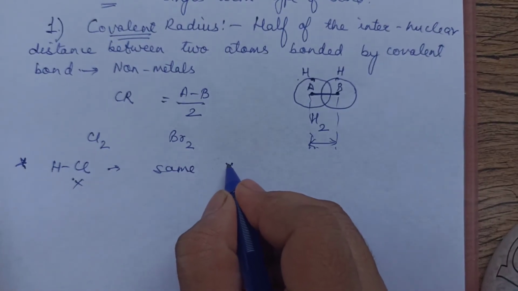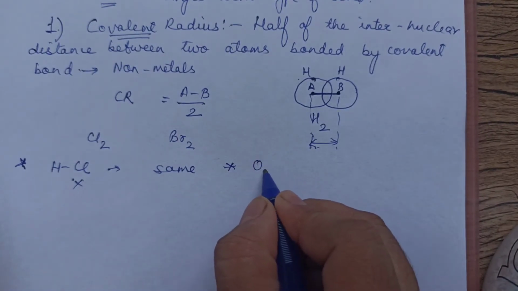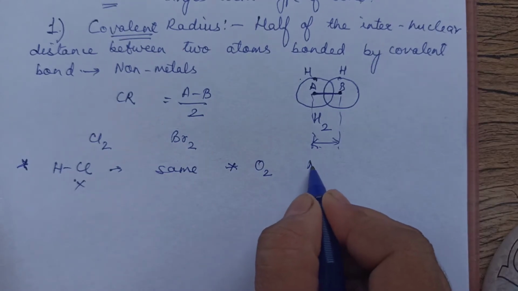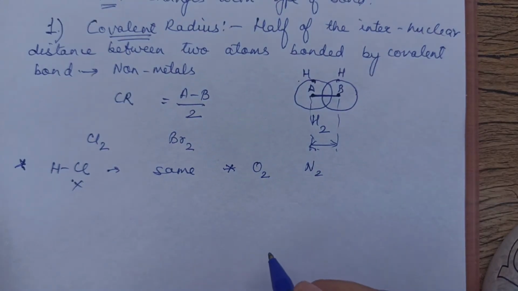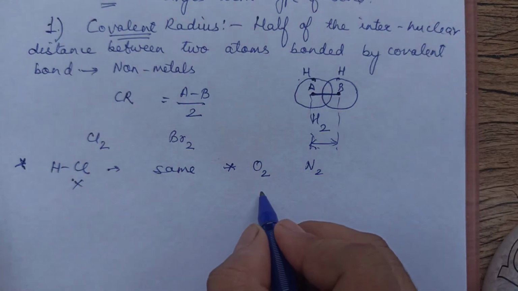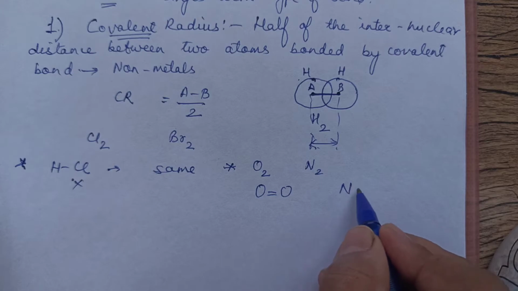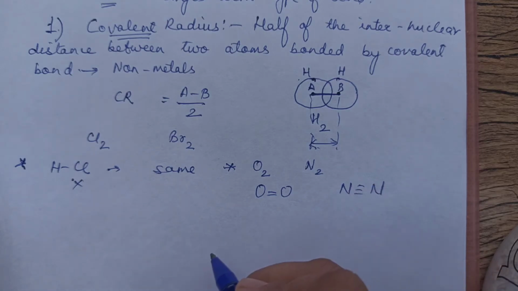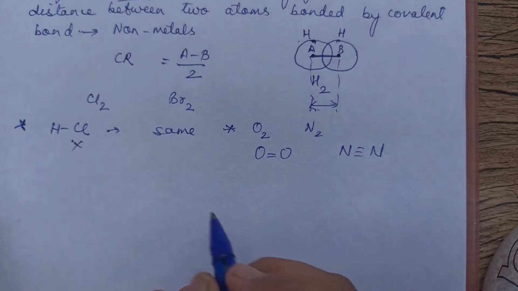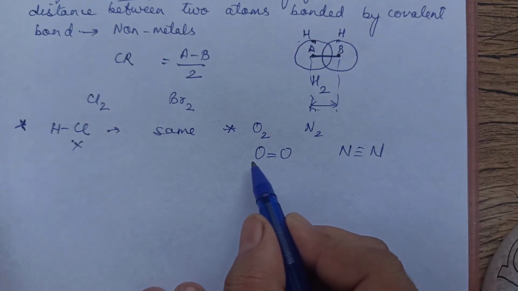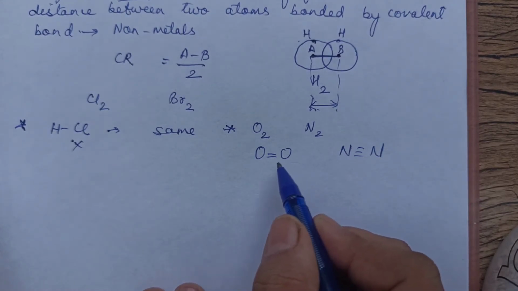Let us consider one more example. Suppose I say O2. If I have to calculate for N2, then what to do? You know that between two oxygen atoms there is a double bond, and between two nitrogen atoms there is a triple bond. Can I select these?